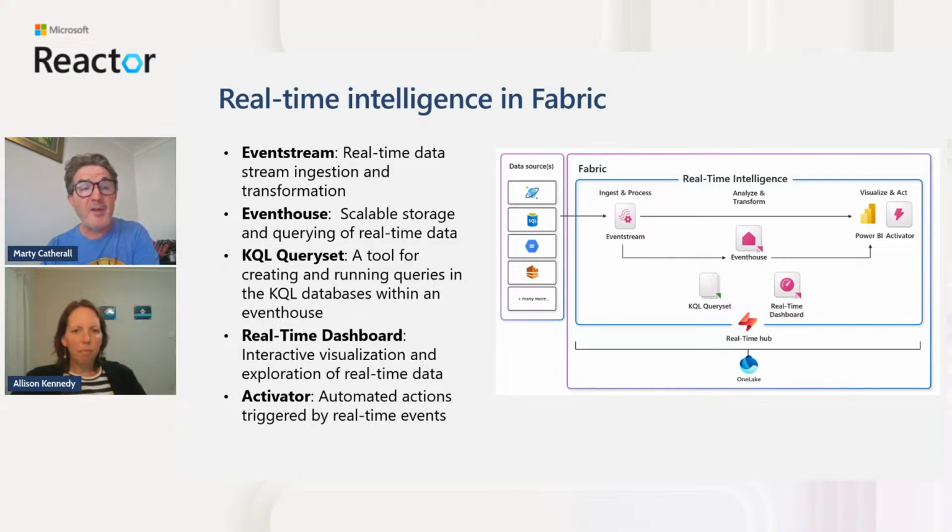And Fabric provides a real-time environment to do this, as Power BI used to, but the KQL is what is here, a KQL database, and that allows you to analyze the data as it is landed.